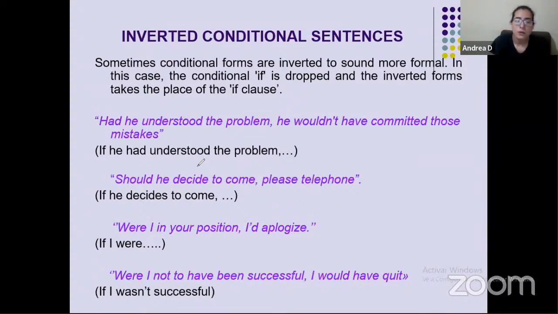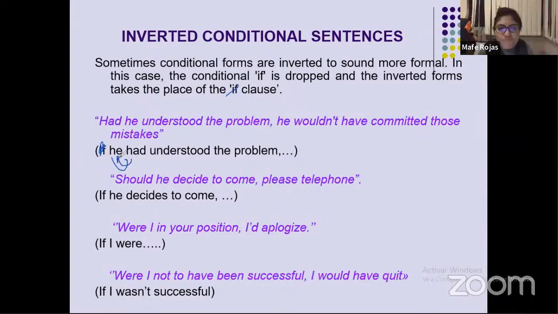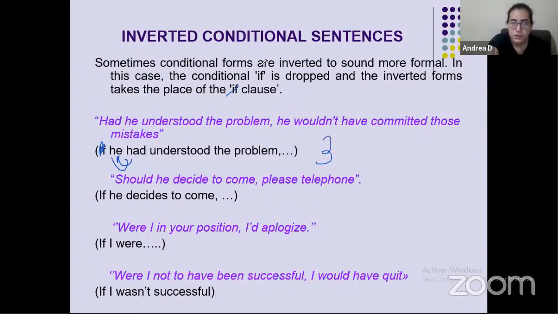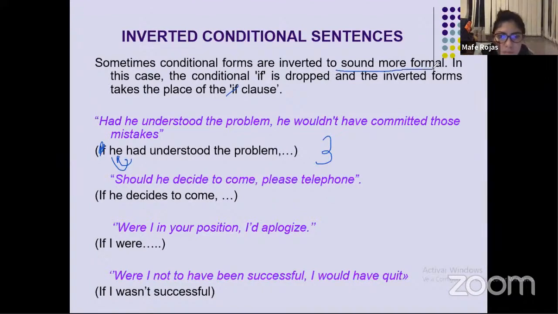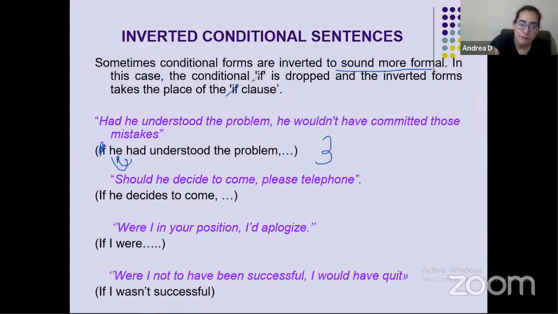So if he had understood the problem, I'm taking the if out and inverting. Had he understood the problem, he wouldn't have committed those mistakes. So it's more formal, and we drop the if.